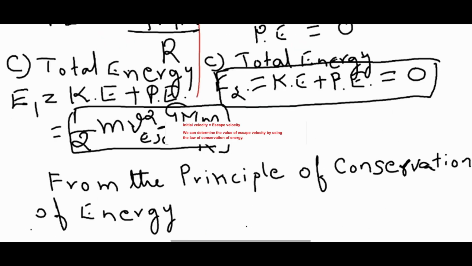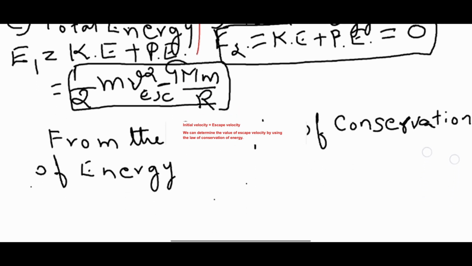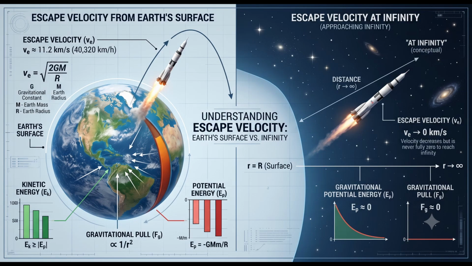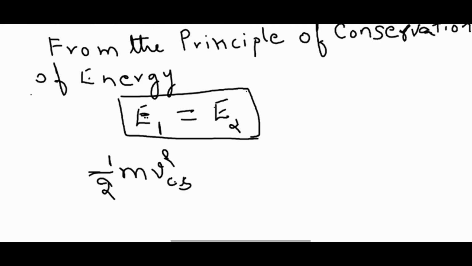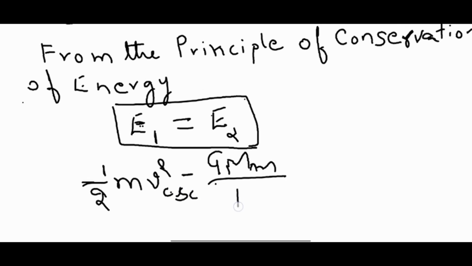From the principle of conservation of energy, total energy at the earth's surface is equal to total energy at infinity. That means E1 is equal to E2. Now half m v escape velocity square minus GMm upon R is equal to 0.